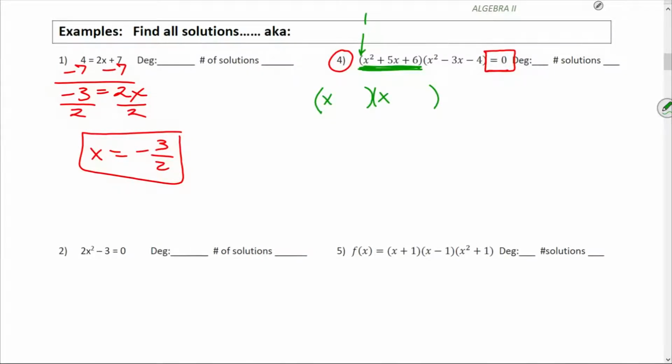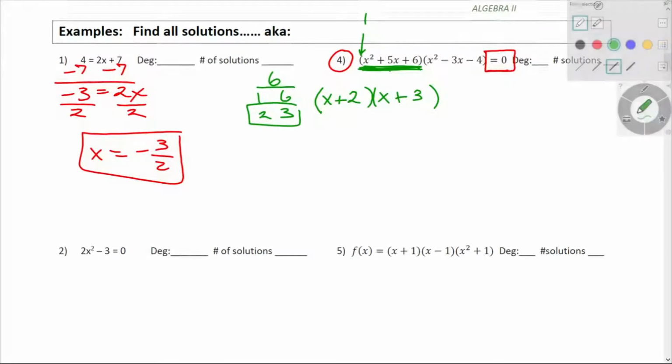I'm looking for two numbers that will multiply to be positive 6 and add to be positive 5. They're both positive. I have 1 and 6, and 2 and 3. The pair that adds to 5 is 2 and 3. So I have x plus 2 and x plus 3.